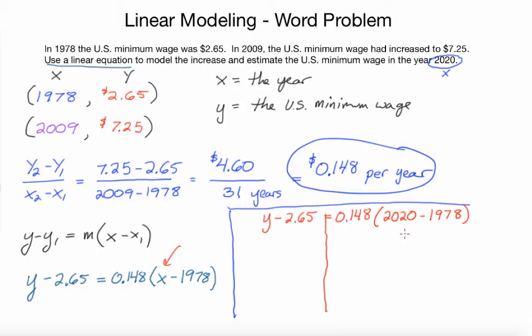If I calculate all this on the right, 2020 minus 1978 is equal to 42. So we've got 0.148 times 42 is equal to y minus 2.65. 42 times 0.148 simplifies to 6.216.